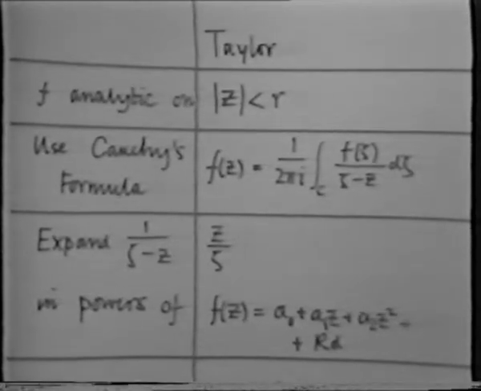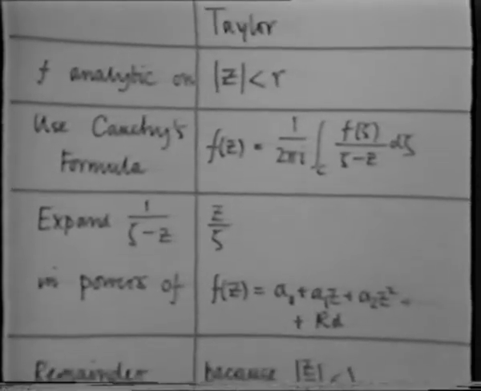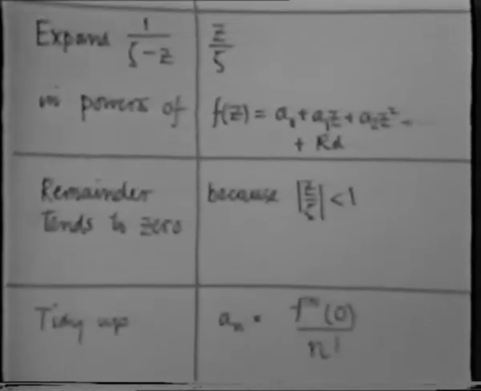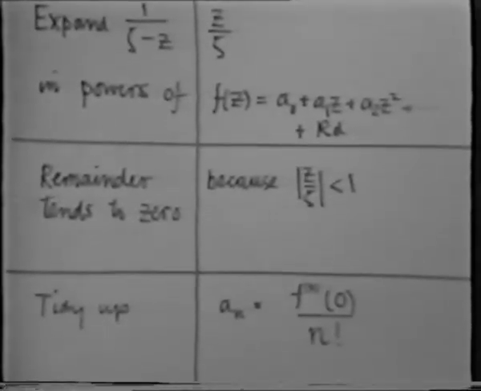And the first thing we do in proving Taylor's theorem is to use Cauchy's formula to express the value of the function at a point z inside a circle C as an integral over the circle C. We then expand this term 1 over zeta minus z in powers of z over zeta, leaving a remainder term. And when we put that into the formula we got from Cauchy's formula, we finish up with f of z is equal to a0 plus a1 z plus a2 z squared, and so on, plus a remainder term.